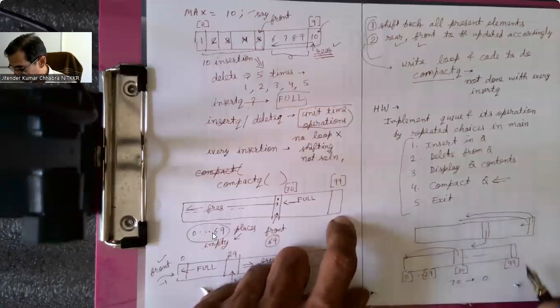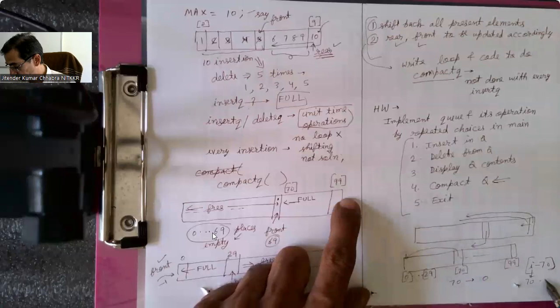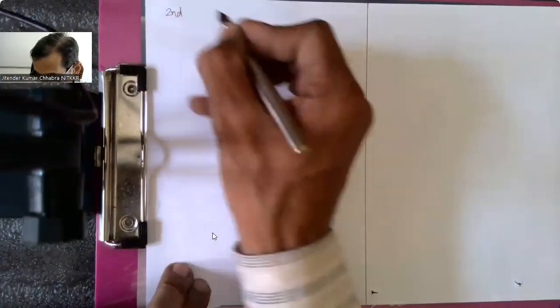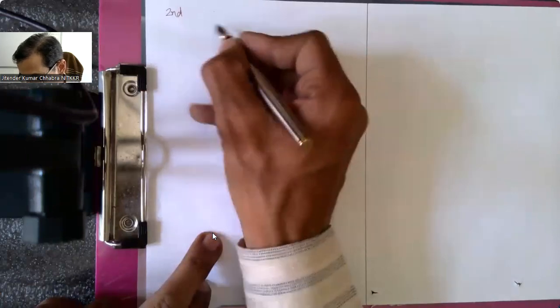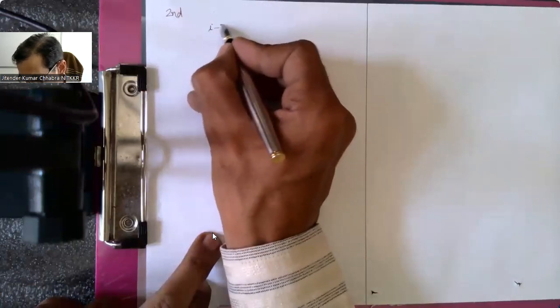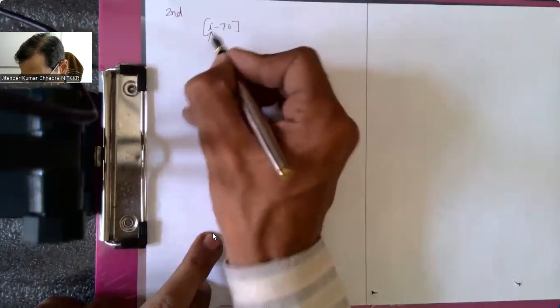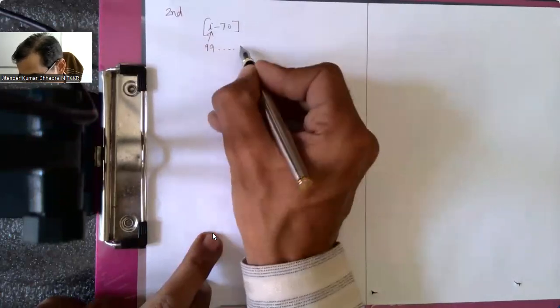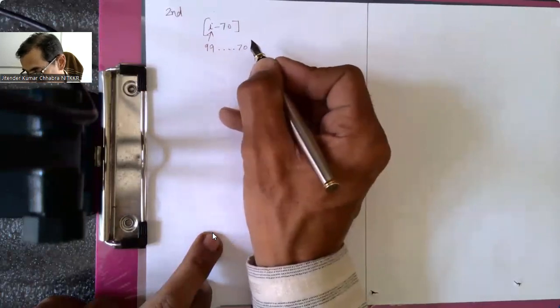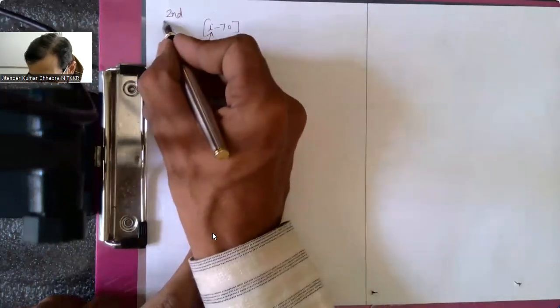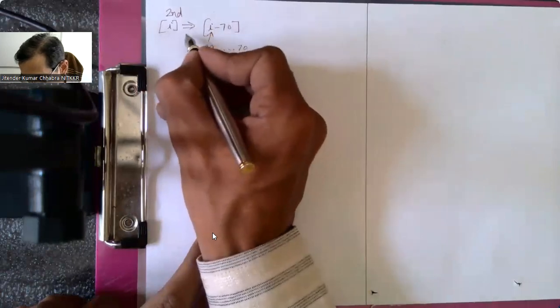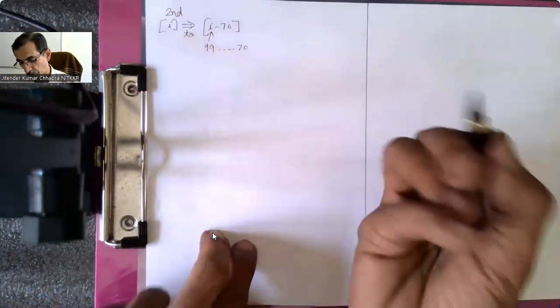That will mean effectively your I minus 70 will be used, and your I can go from 70 to 99. Perfect. The second alternate could be that you do I minus 70 copying, where I starts from 99 and goes down to 70. Still, it will do the same thing: from I, the element is copied to I minus 70. No problem.